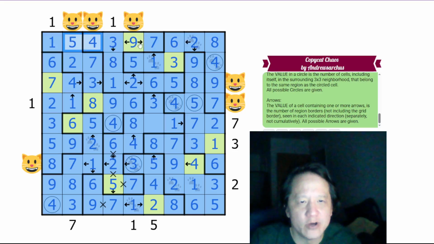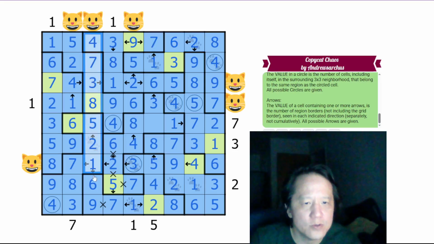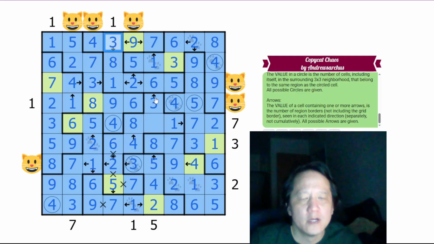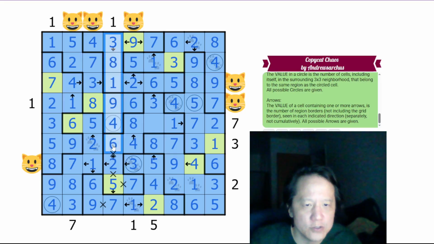So 1, 1, 1, 2, 3 that way. 3 sees 1, 1, 1, 2, 3 borders this way.